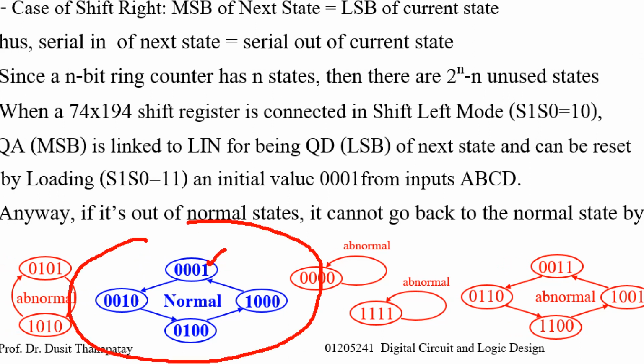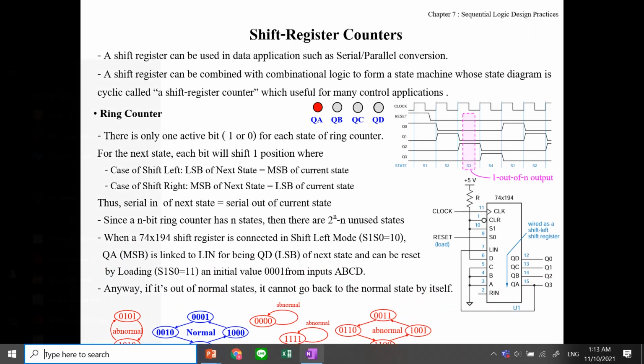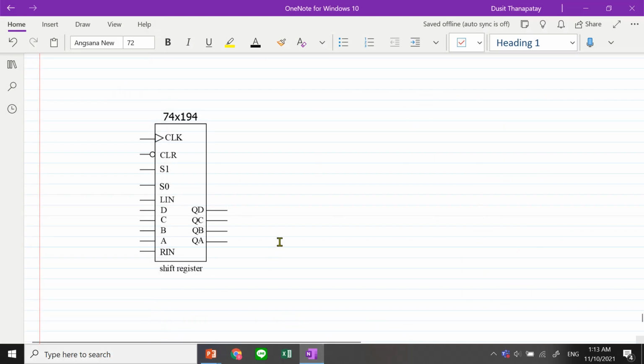This is the active bit. When the clock ticks, shift to this one, clock tick, shift to this one, clock tick, shift to this one.